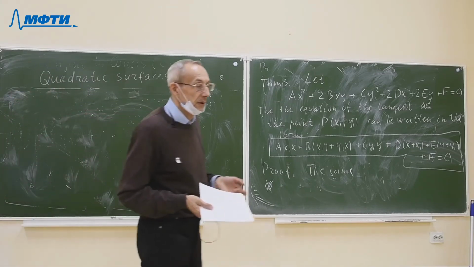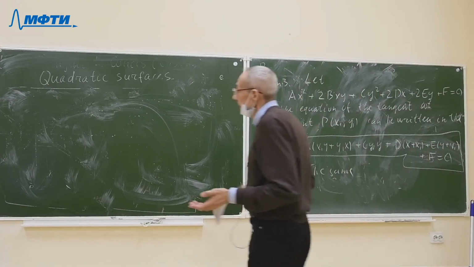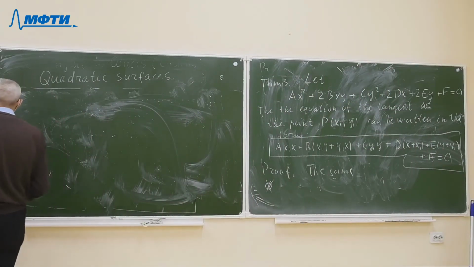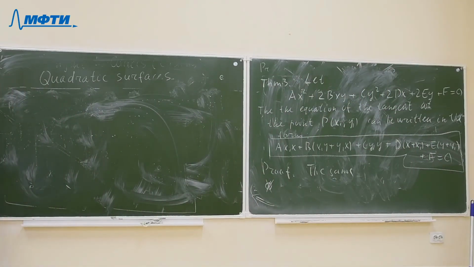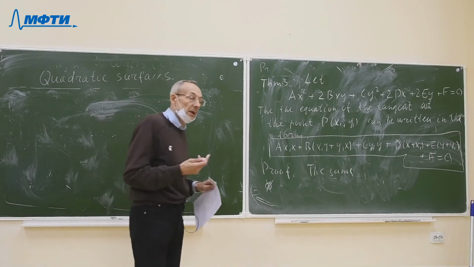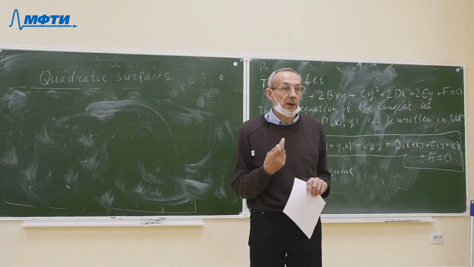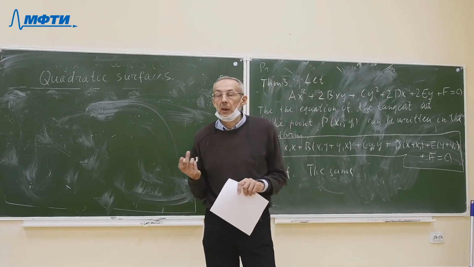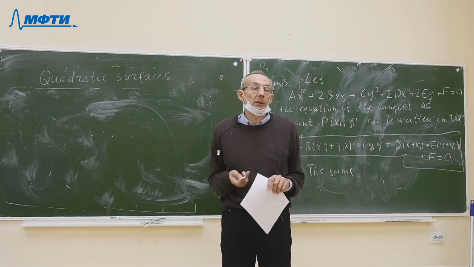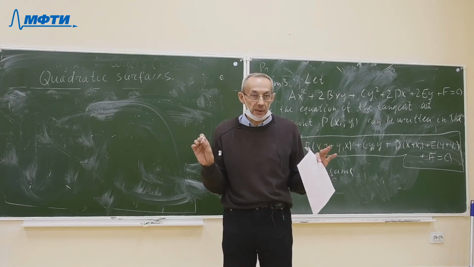We have three-dimensional space, and we can consider the polynomial of the second order, which depends on the three independent variables x, y, and z. These variables are the coordinates of an arbitrary point in three-dimensional space.